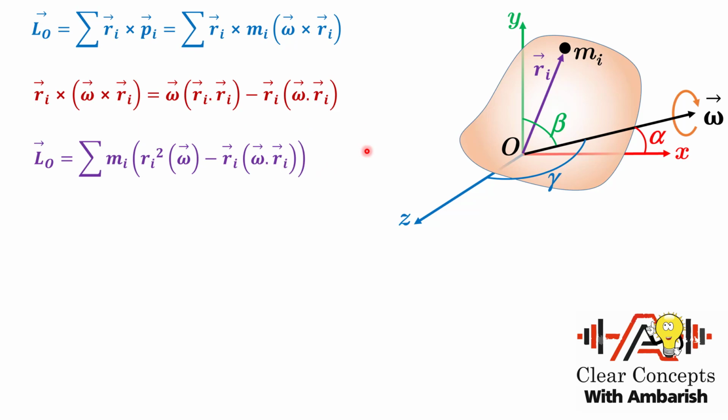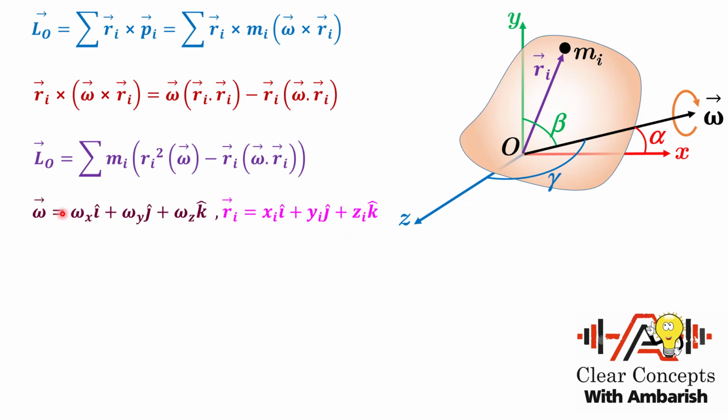Now we are going to get a very expanded kind of expression, because I can write omega as what? Omega will have three components, okay. Omega vector, let's say omega x i cap plus omega y j cap plus omega z k cap. So I can write omega like that, okay. And what about ri? So ri vector is nothing but xi times i cap plus yi times j cap plus zi times k cap. That's the position vector of the ith particle, okay.